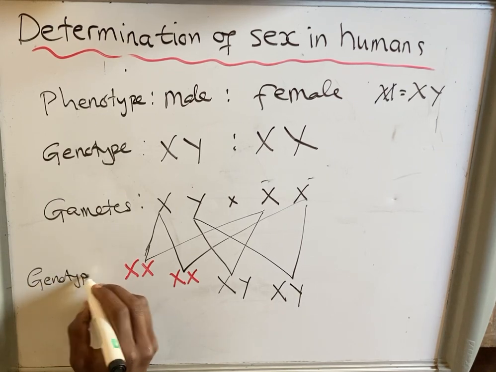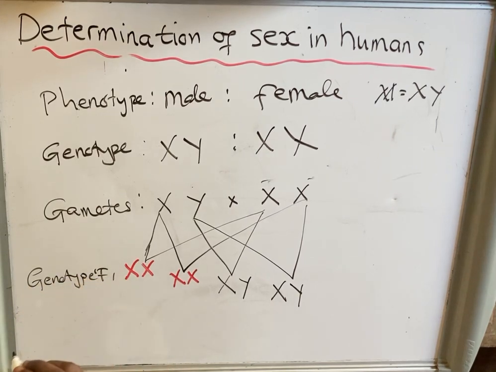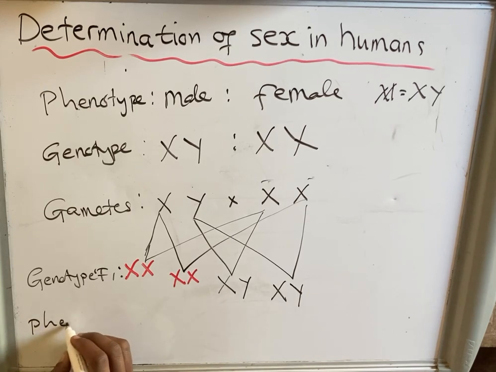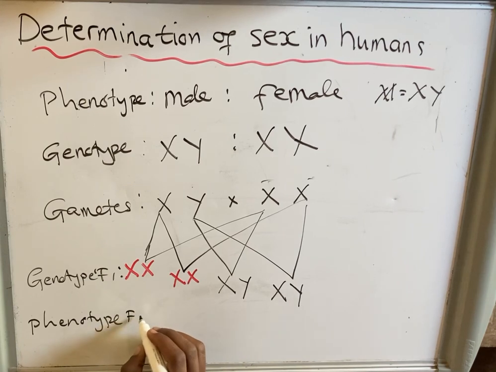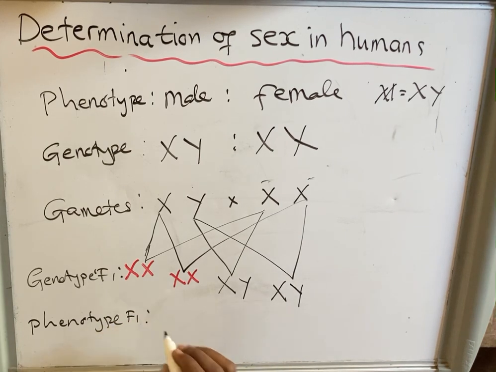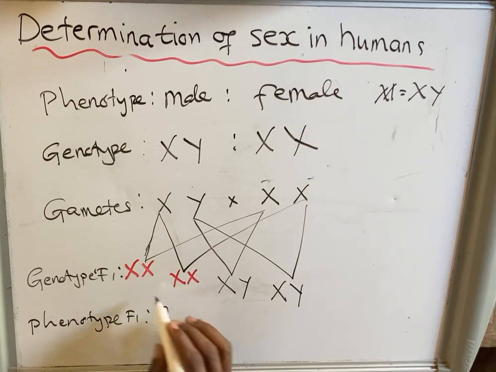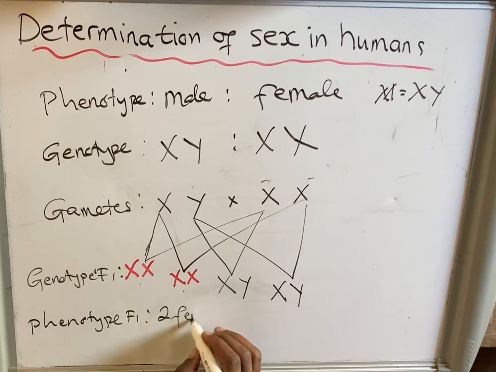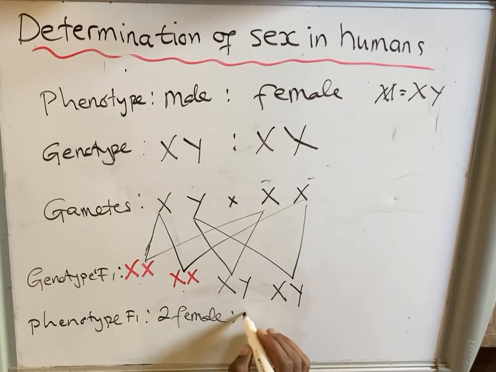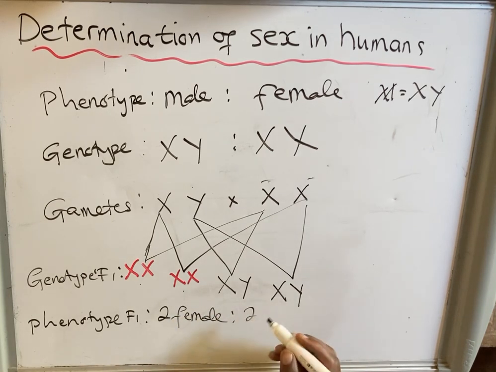Then the phenotype of these offspring, the offspring of the F1 generation, is we have two females, remember XX is female, then two males.